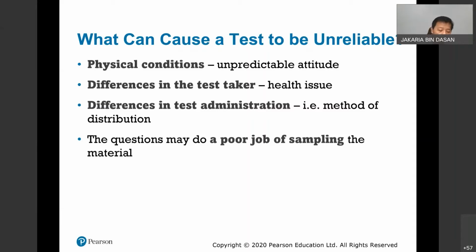Because of that, we might apply testing tools which are not right for him. Maybe if he or she took the test at other times, he could answer it well, but because of the physical condition, it's not right for him or her to take the test, then we could misuse the result.